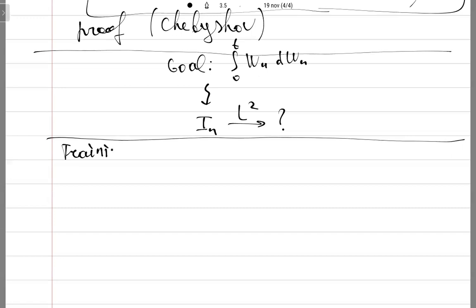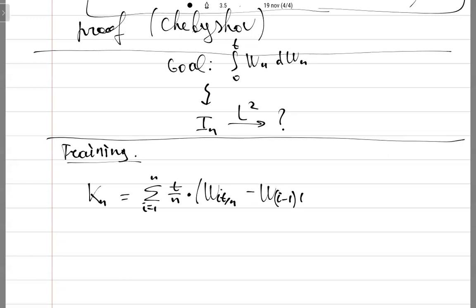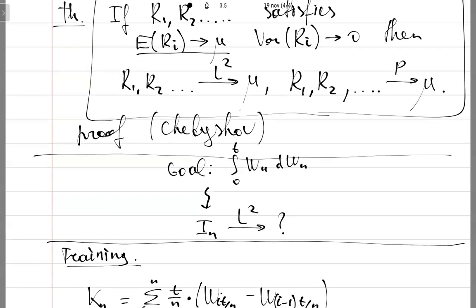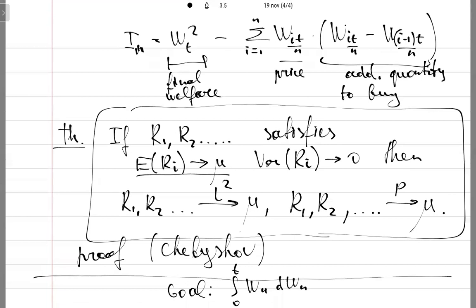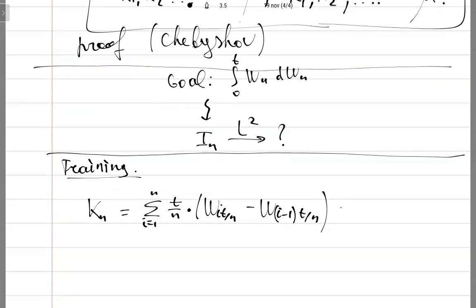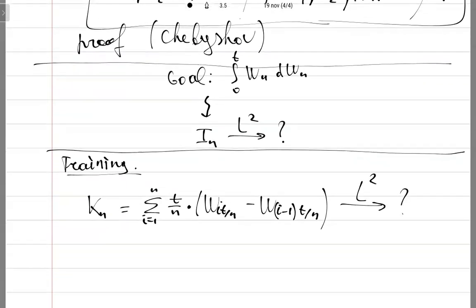Let's consider something like K_n, which is the sum of T over n times W_{iT/n} minus W_{(i-1)T/n}. So it's almost like ours, but with the first Brownian motion replaced by a constant. So first calculate this guy.